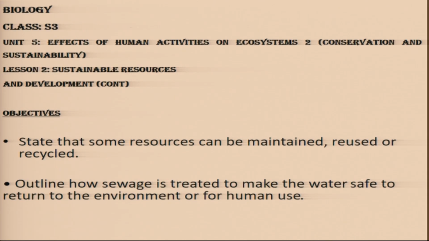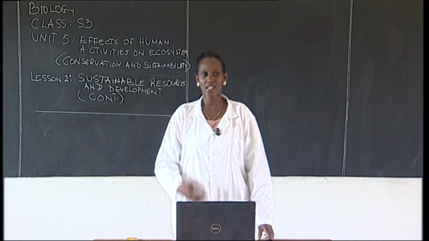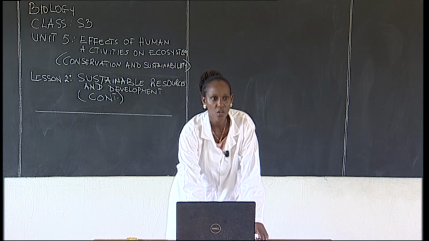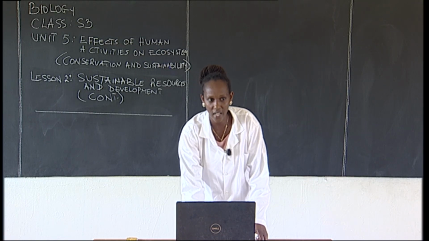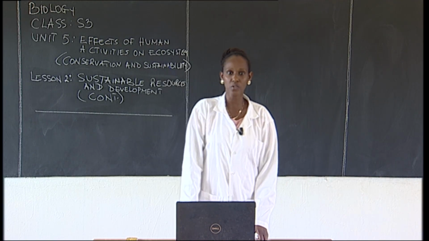The other unit was looking at what man does that may damage the environment or the ecosystem. So this is lesson 2, where we are continuing with sustainable resources and development. This is a continuation of the previous lesson we were looking at.